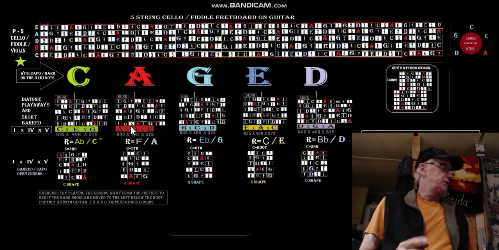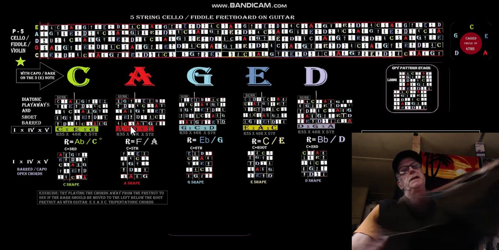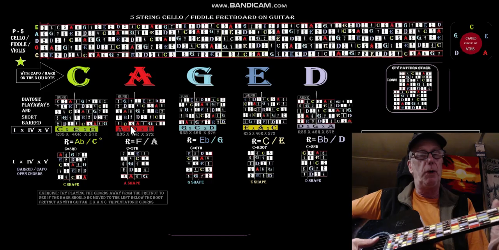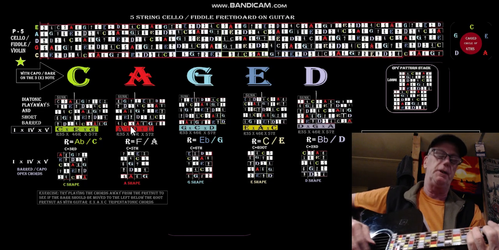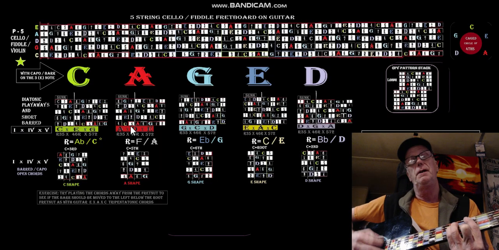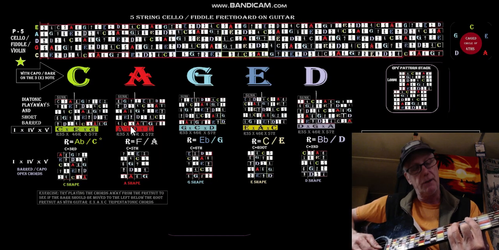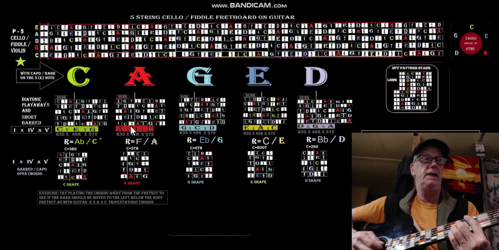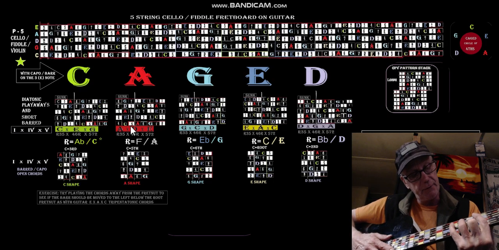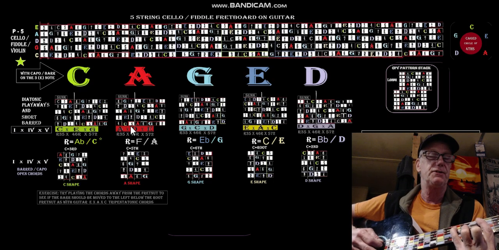It's simply making the CAGED shape big enough so that you have the 1, the 5, the 1, the 4, and the 5. So if I'm playing an F in E shape, it'd be E-shaped F, then an A-shaped B flat, and for the fifth of F, we've got C, a nice C-shaped C.